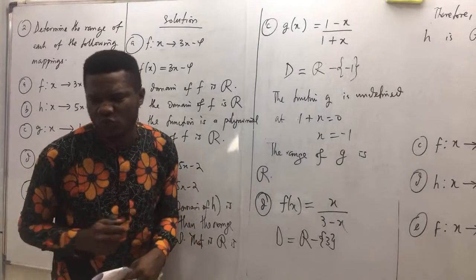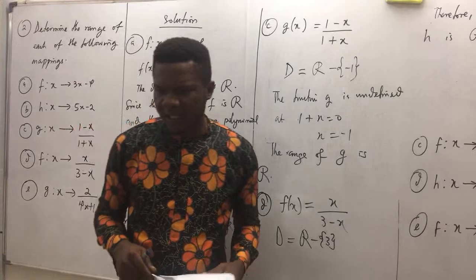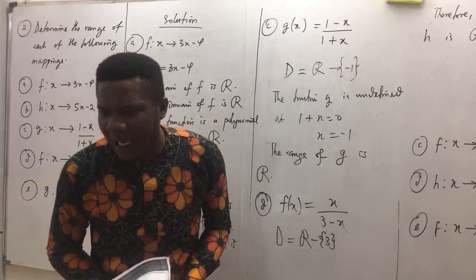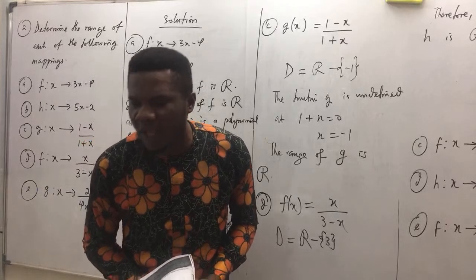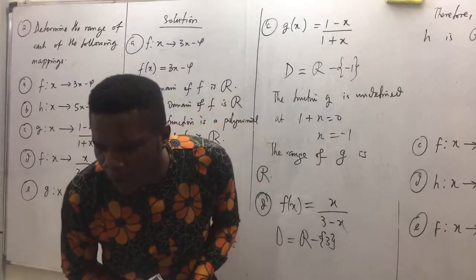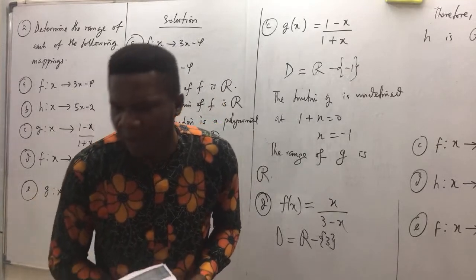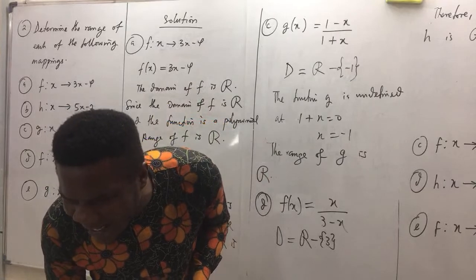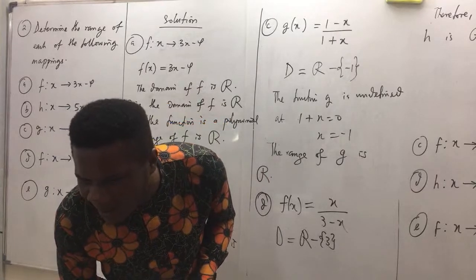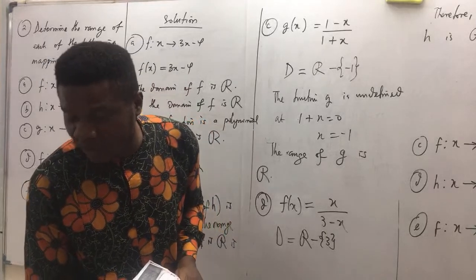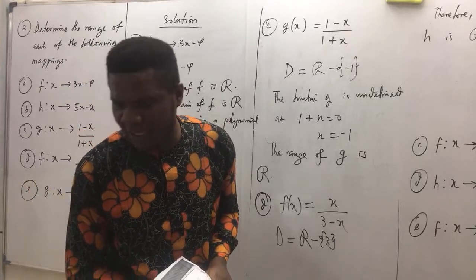Okay, let me get your first question. So Prosper is saying, sir, please, can you rewrite an example of a polynomial? Good, I will do that, Prosper. Then Prosper is also asking about an example.